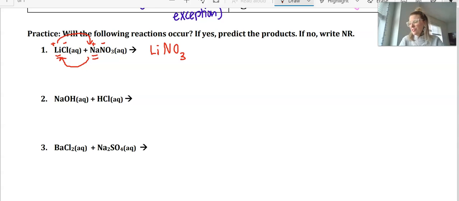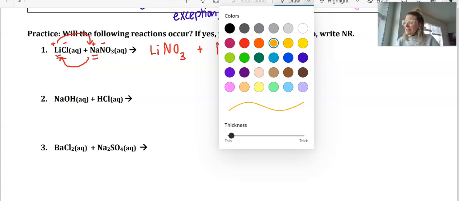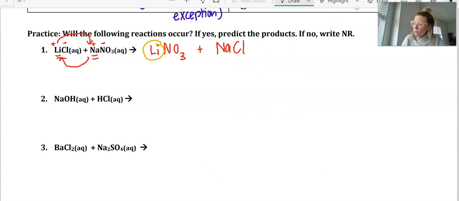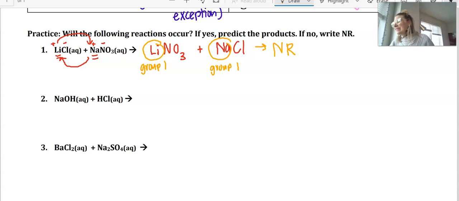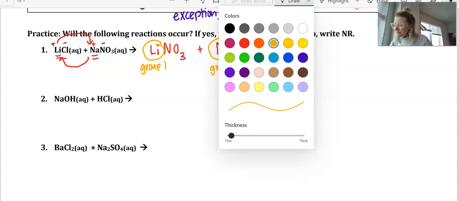So lithium nitrate and sodium chloride. Okay, now we need to look at our rules. So Li is a group 1 ion and sodium is a group 1 ion, and therefore this would result in no reaction. There is no insoluble product. Okay, let's try our next reaction.